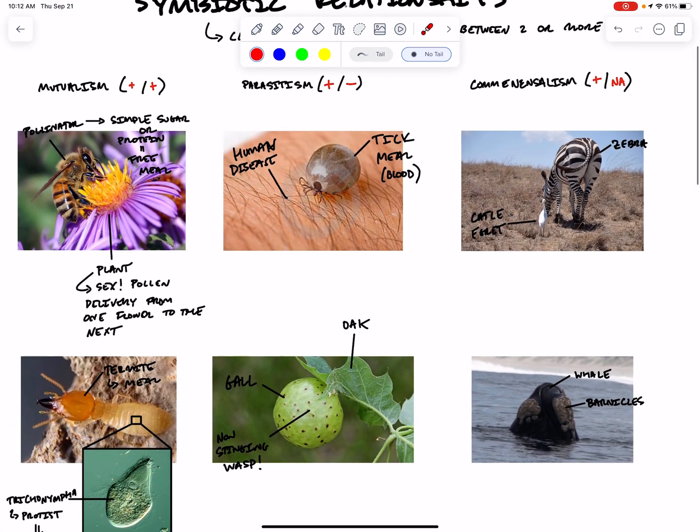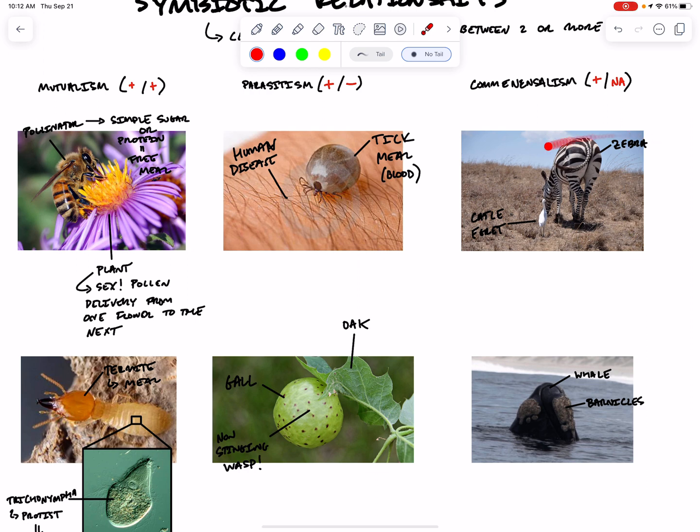There are some people who would argue that if you were to examine commensalistic relationships really closely, you would see that one organism isn't truly unaffected, and that they're examples of mild parasitism or mild mutualism.